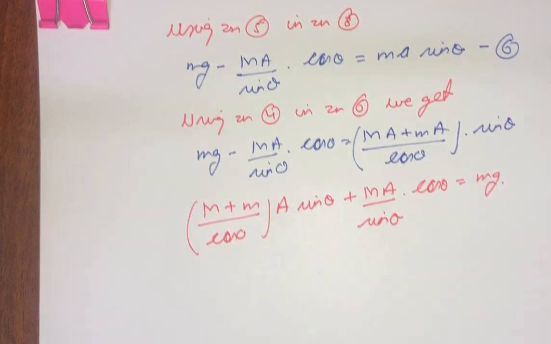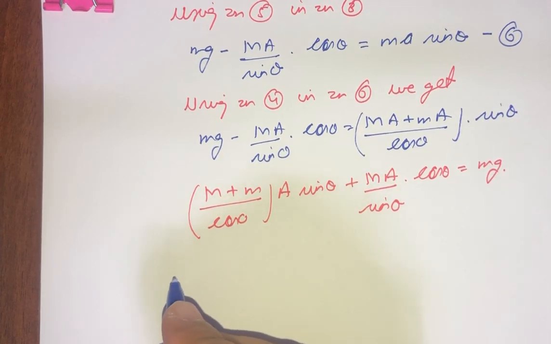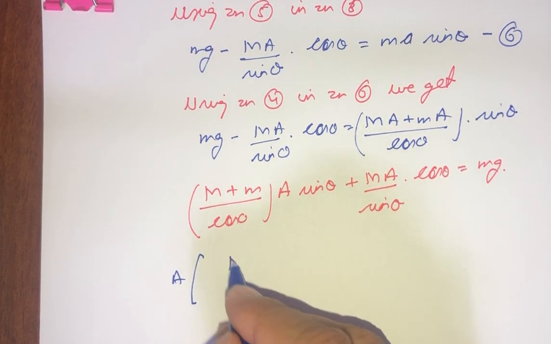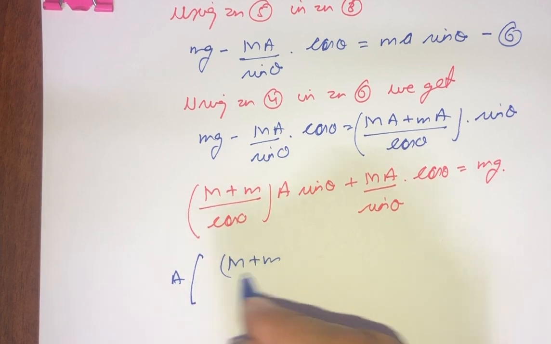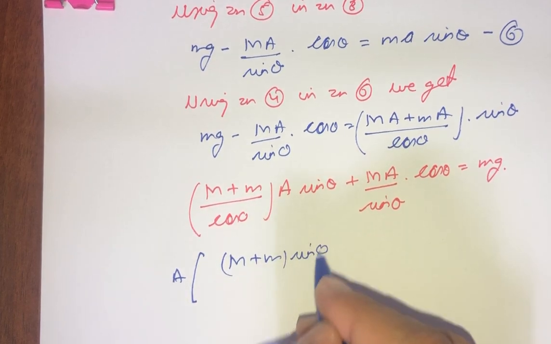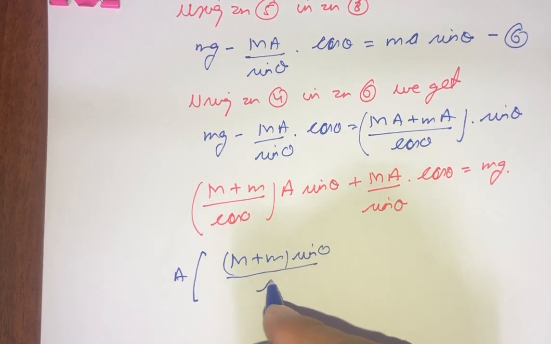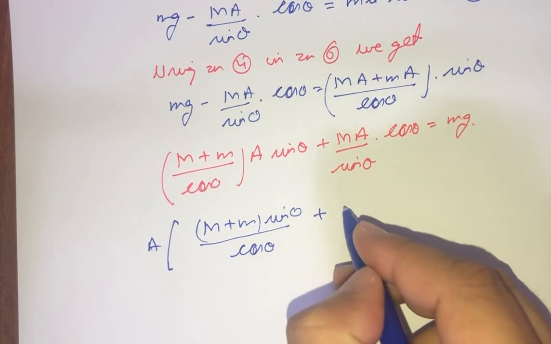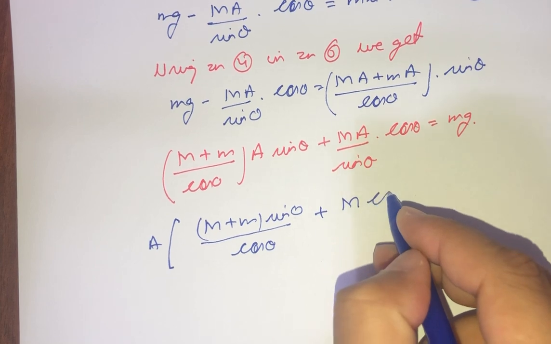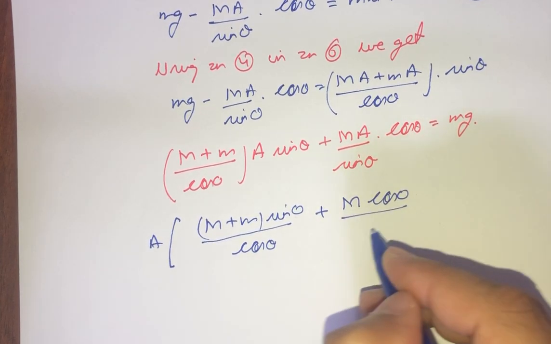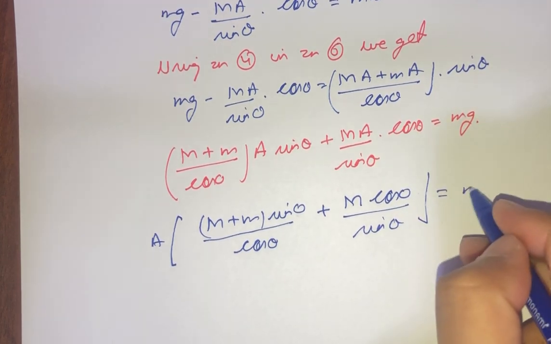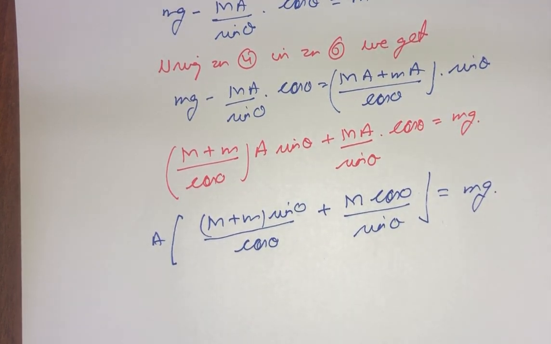Now taking a common from the entire expression, we are left with m plus m sine of theta divided by cos of theta plus capital M cos of theta divided by sine of theta is equal to mg.